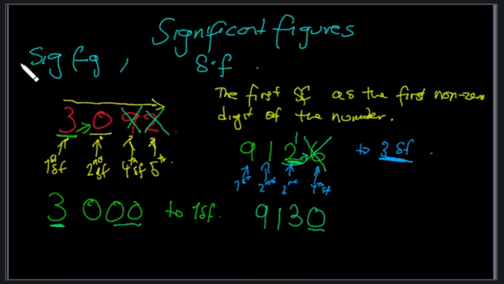So taking another example, let's say I had 0.001659. Okay, so again the same rule applies.